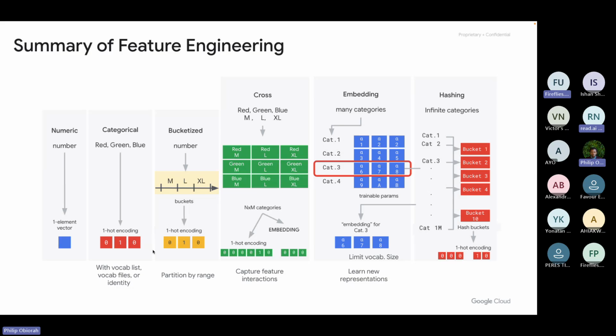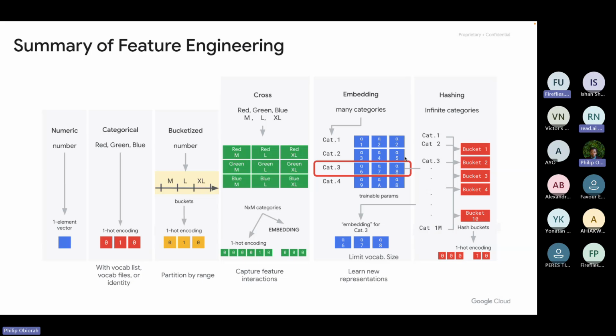If we use one hot encoding to represent just one category, there'll be a lot of zeros, and the sparse vector will be mostly filled with zeros. So this will be very inefficient. The solution of embedding is a dense trainable representation.